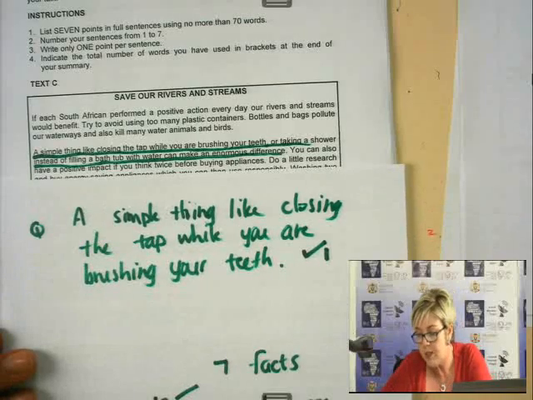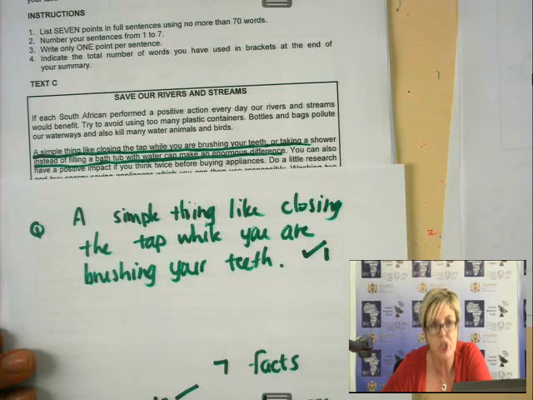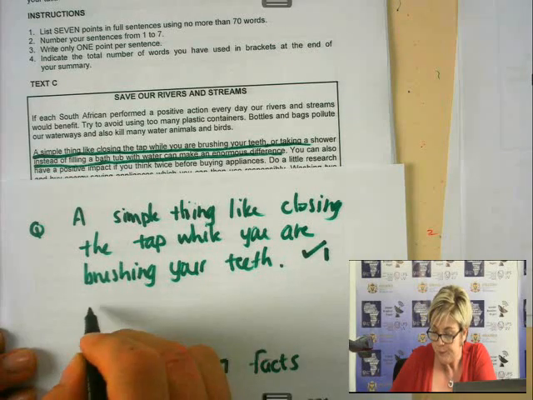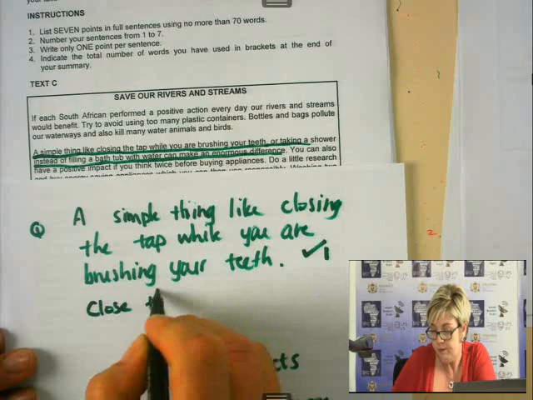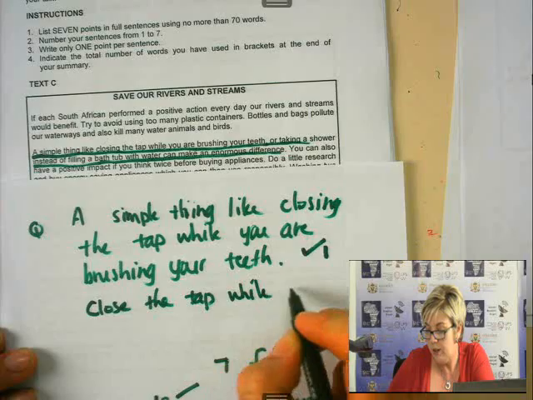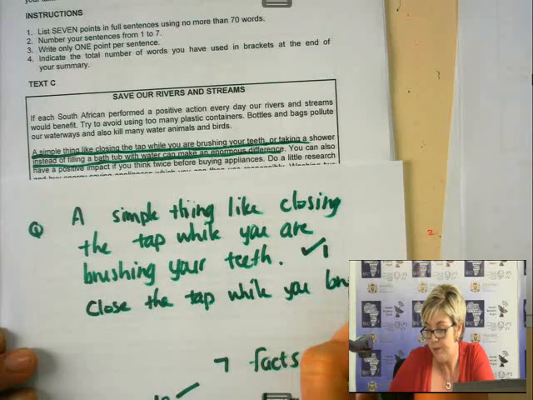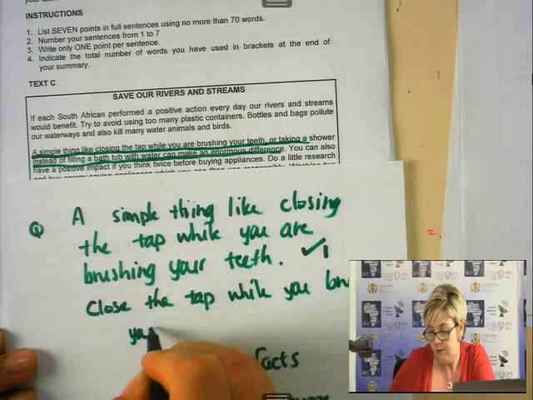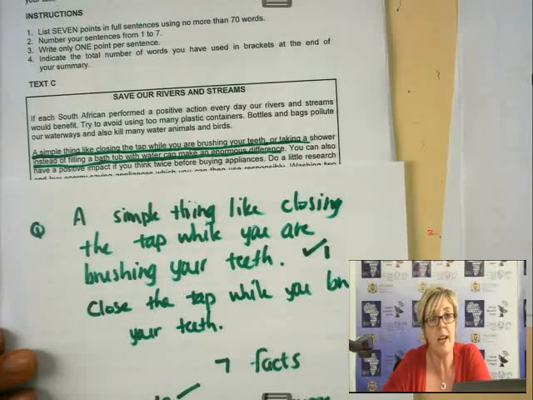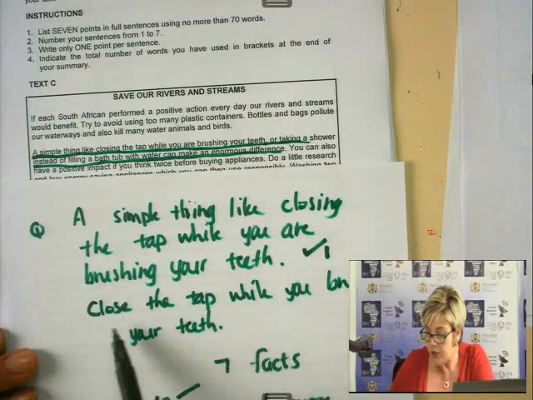Now, if I look at this one, a simple thing like closing the tap while you are brushing your teeth, how can we change it so that it's not a direct quote? I will say, close the tap while you brush your teeth. The meaning is exactly the same, but I changed the words.